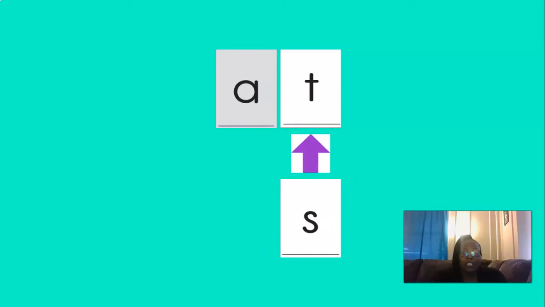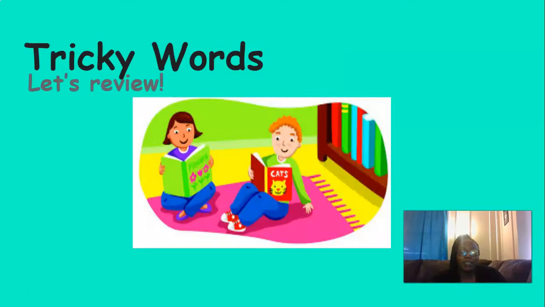And if we change the T to a S, our new word would be, remember that tricky S, that's right, as. And if we change the A to I, our new word would be, that's right, is.